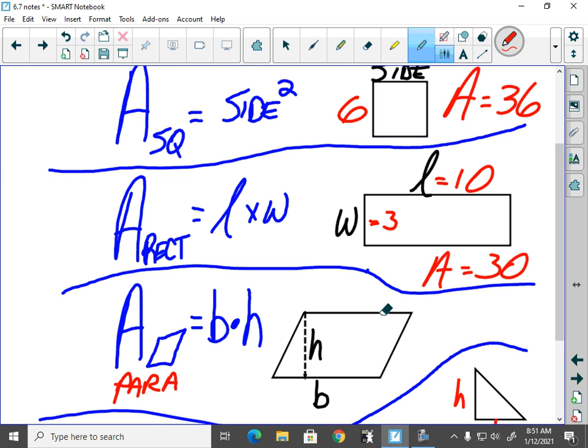Rectangle's length times width, parallelogram's base times height. The only thing you need to know is that the height has to be going straight up and down. Like if I said, hey, Kennedy, how tall are you? You wouldn't stand slanted for me to measure how tall you were. No.